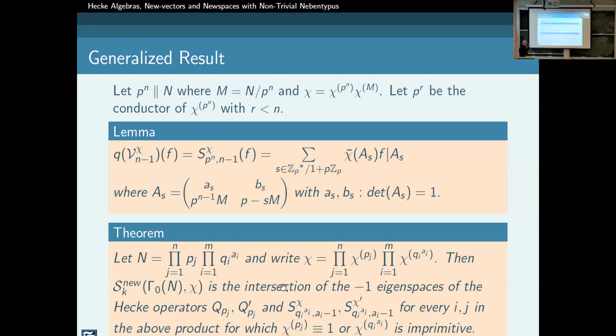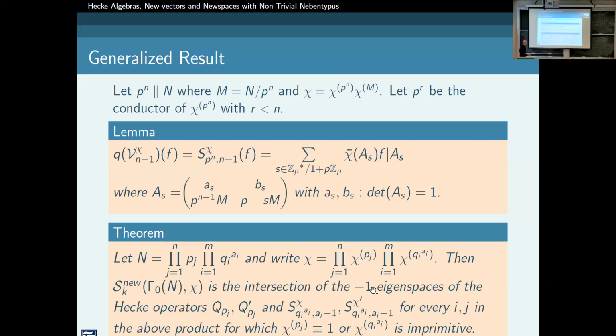To do this, we need a condition on the character. We need it to be either trivial when p divides n exactly once, so the square-free part of n, or primitive if it is in the rest of it.